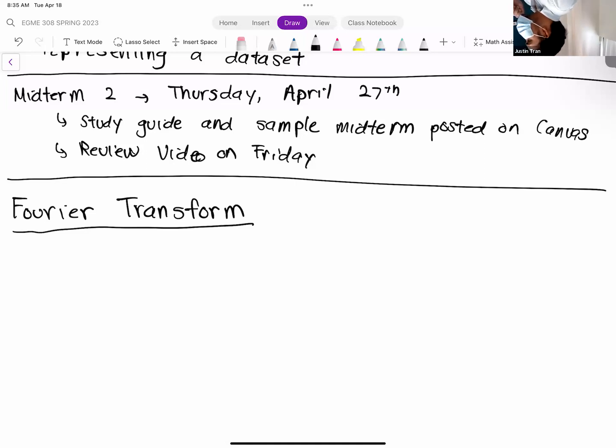And so the Fourier transform is one of the two kind of transformation techniques that we're learning in this class. And so the idea is to take a function in the physical domain, and specifically the time domain, and transform it into the frequency.